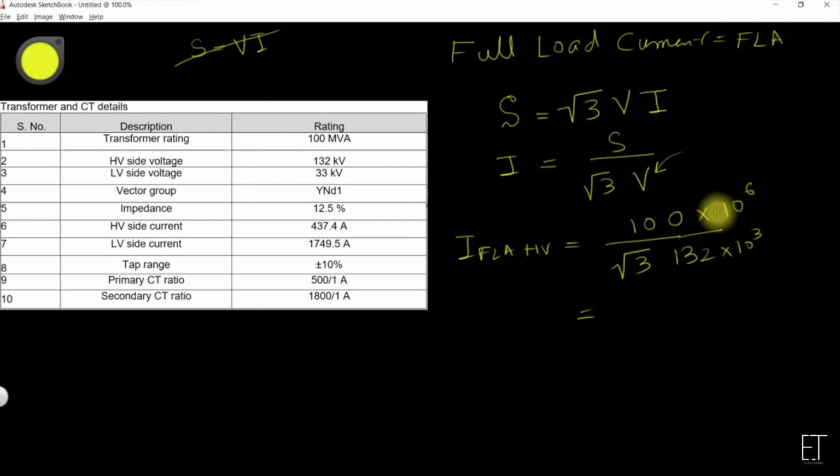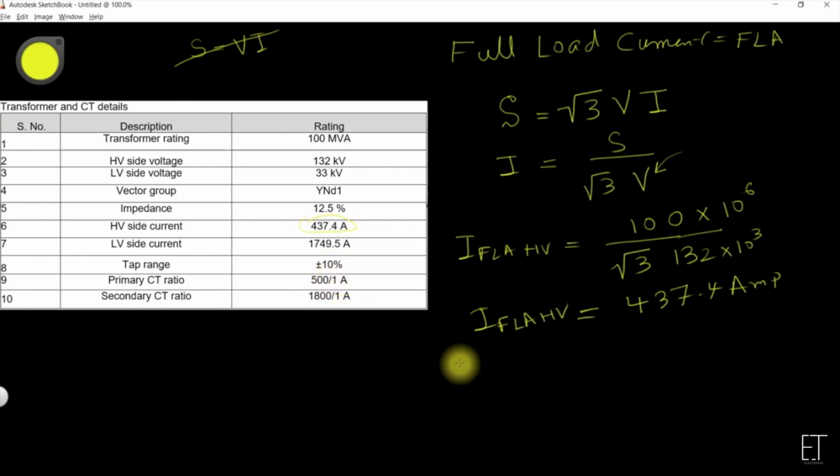If you divide all this, you will get the value I already mentioned here, which is 437.4 amperes. This is the maximum current, the maximum capacity of the transformer. That's why we call it FLA. So this is for the HV side.